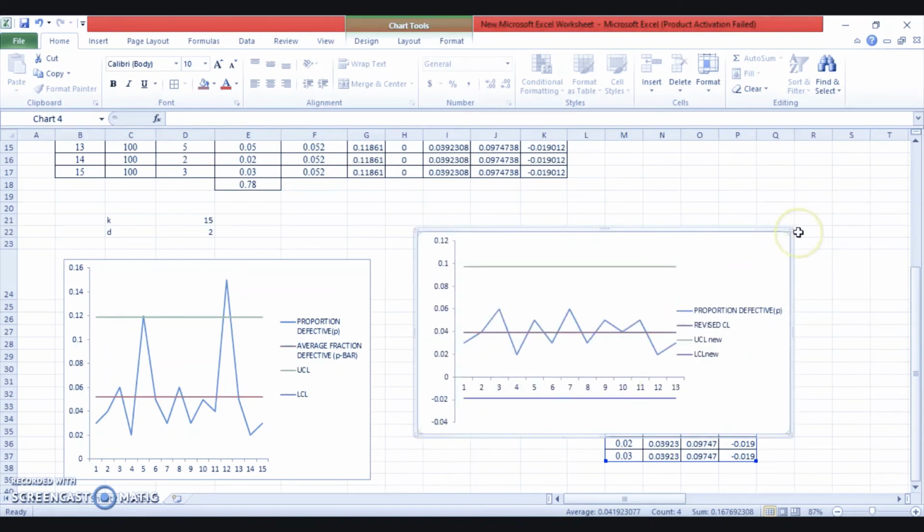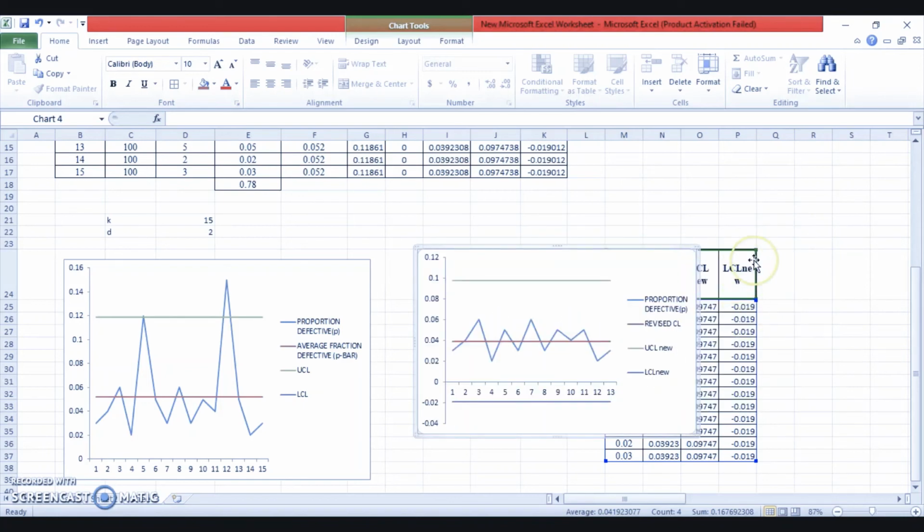One more thing before doing anything else with this: the lower control limit values need to be modified. Why? Because they are negative, and negative values are not accepted, as it is not possible to have negative values.